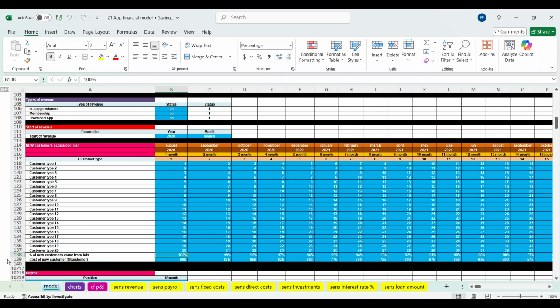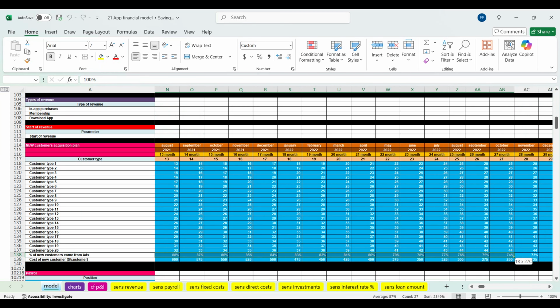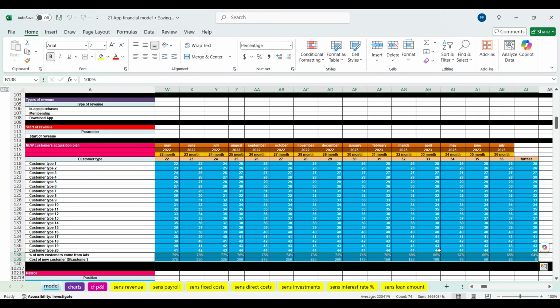And these 2 inputs are flexible in timeline. So the percentage of new customers that come from the ads is flexible inside the timeline, and the cost of a new customer that comes from the ads is also a flexible variable.